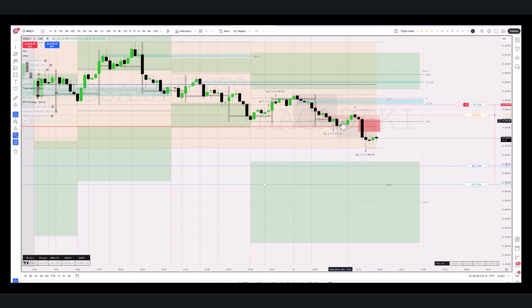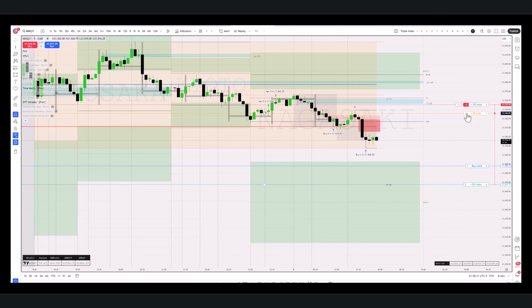All up close candles should support price. These two are the last ones before it. So between here, I mean, I could put the stop right there.